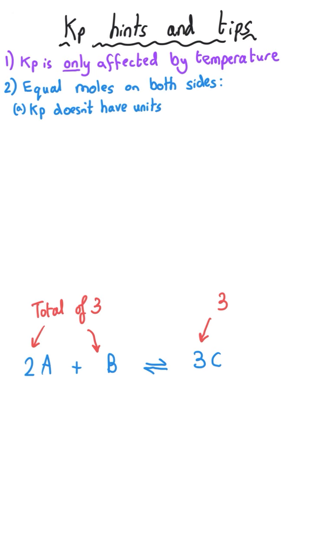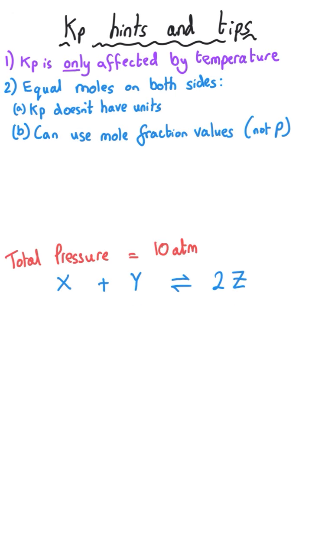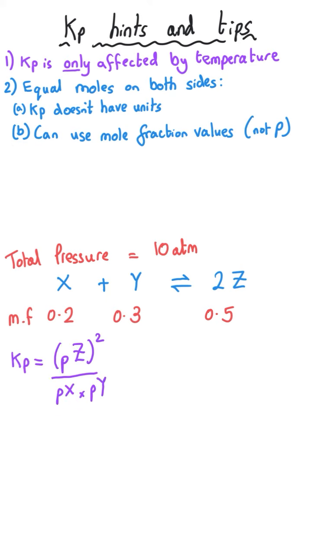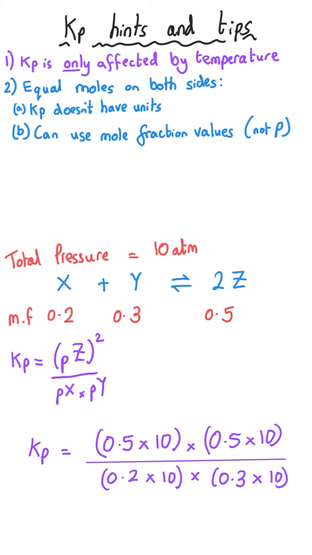Not only that though, if you've got the same number of terms on both sides, there won't be any units, and you don't actually need to go through the motions of multiplying mole fraction by total pressure. Because what you're going to do is multiply mole fraction by total pressure, say twice on the top, and then divide that by mole fraction multiplied by total pressure twice on the bottom. And so that means you've got two total pressure terms on the top and two on the bottom, and those will all cancel out.